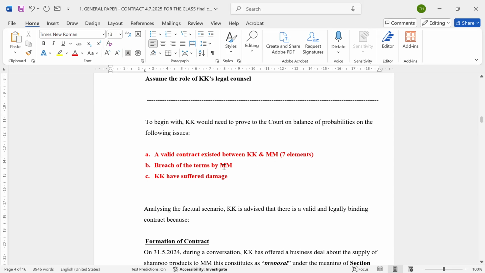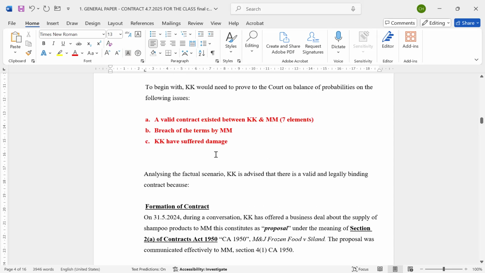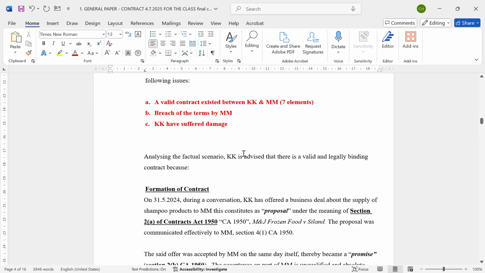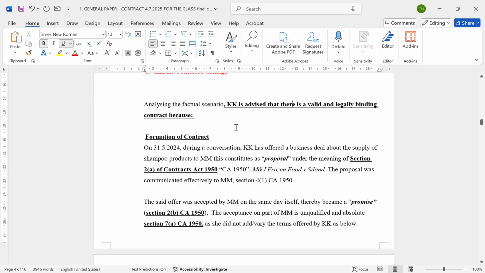Okay, so you go on by analyzing the factual scenario. You make it sweet and clear to the examiner at the first instance that KK is advised there is a breach, there is a valid and legally binding contract because, number one, then you go through according to the factual scenario.